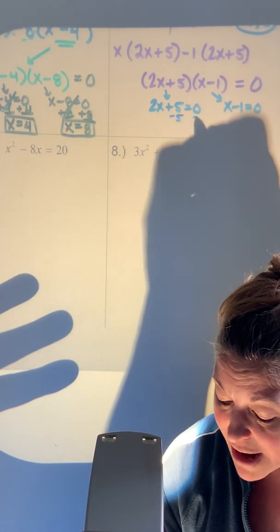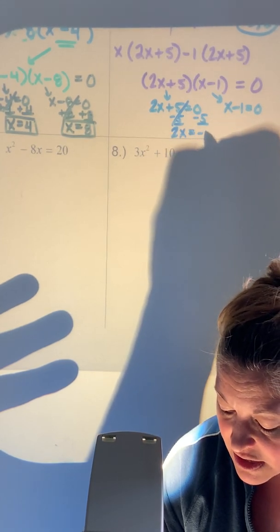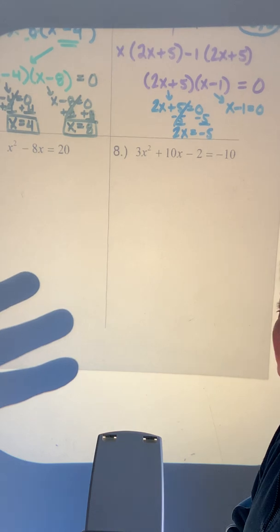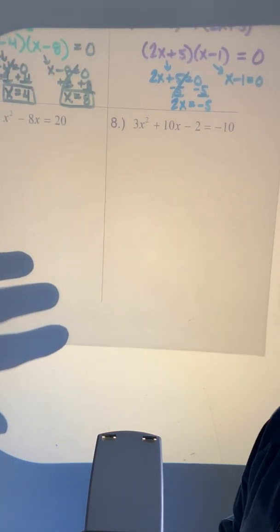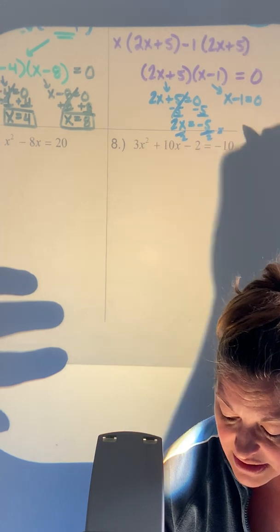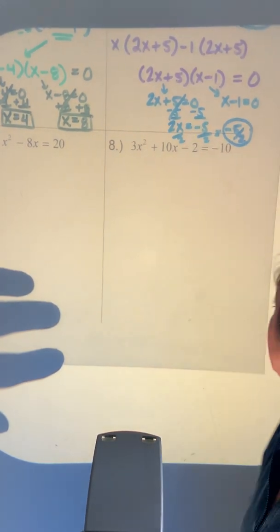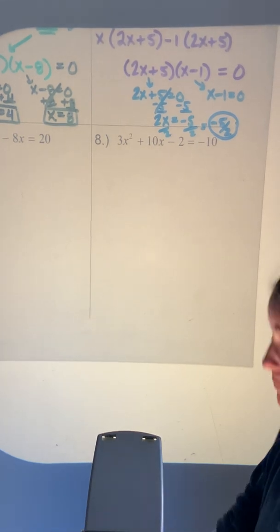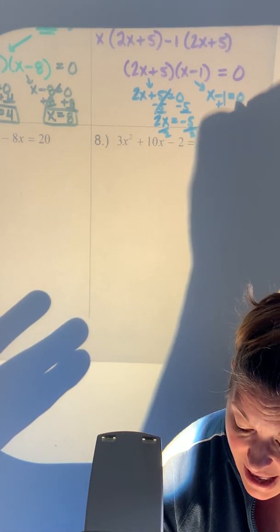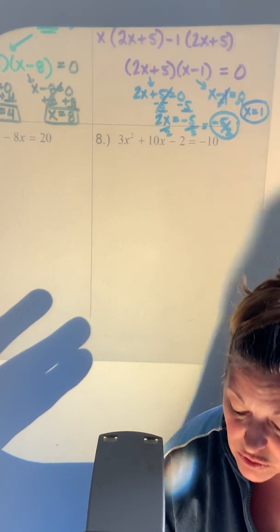We'll have to subtract the 5 to slowly get that x alone. Of course, it's not going to be alone just yet because it still has that 2 there. So then we'll go ahead and divide by 2, and that will give us negative 5 halves, which will also be negative 2.5. Over here, we'll add 1 to both sides, and that will give us x equals 1.